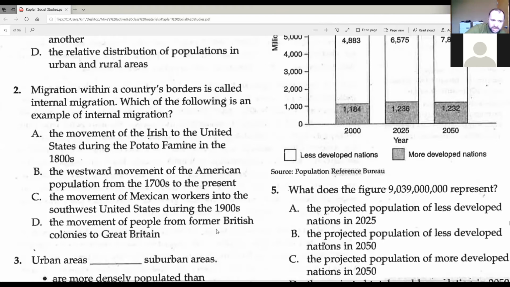That makes sense? So the best answer, and the one we're left with, is B, the westward movement of the American population from the 1700s to the present. Now, it doesn't specifically say that migration is happening within the United States, but it implies it. So we have to know a little bit about what the westward movement of America was in order to answer that question.